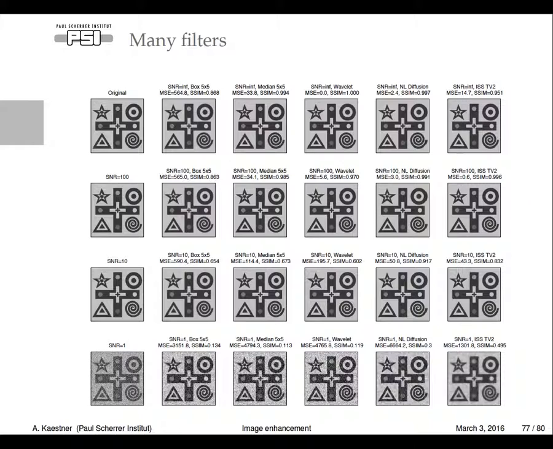Going down here, you can see also the different filter types. I have here the box filter, median filter, wavelet filter, nonlinear diffusion, and the ISS filter, total variation. Actually, I didn't add the non-local means. I haven't had the time to do that, but it would also show similar behavior.